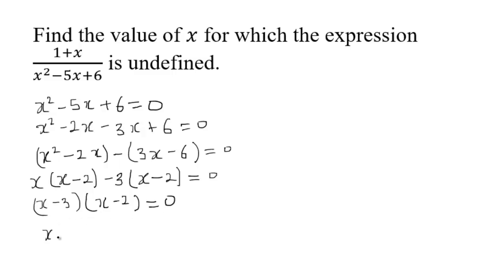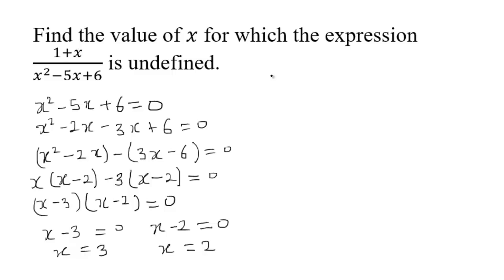So we have x minus 3 equal to 0 means x is equal to 3. And then x minus 2 equal to 0 means x is equal to 2.